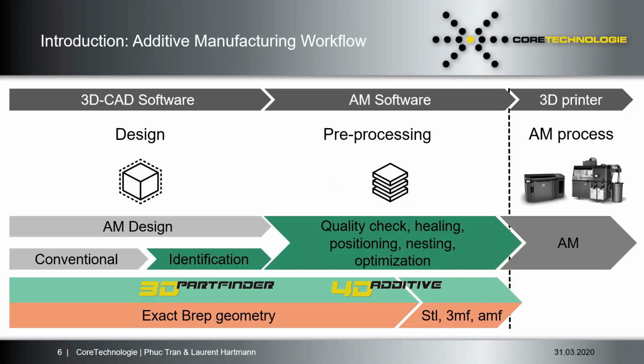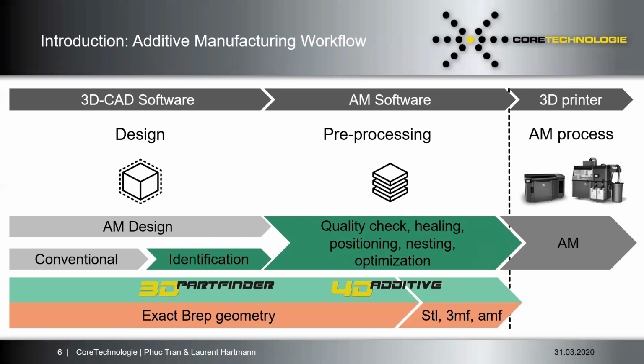So that means we read CATIA files, NX files, SolidWorks, Inventor, STEP, the most common CAD formats, and can make use of all these solids and volume bodies, and we work on them. So that means you have no losses on the quality.